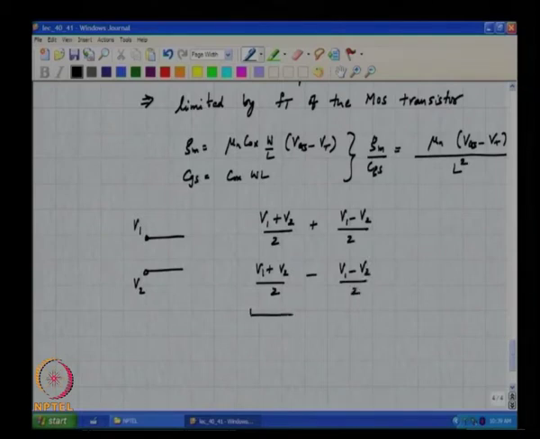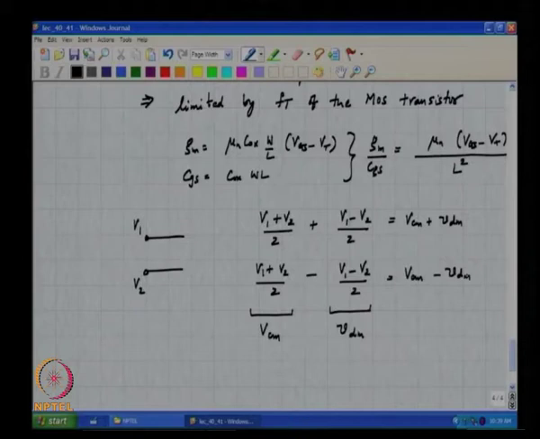This is the so called common mode voltage, and this is the differential mode voltage. So, this is VCM plus VDM, and this is VCM minus VDM. Any two voltages can be expressed in this fashion, right.